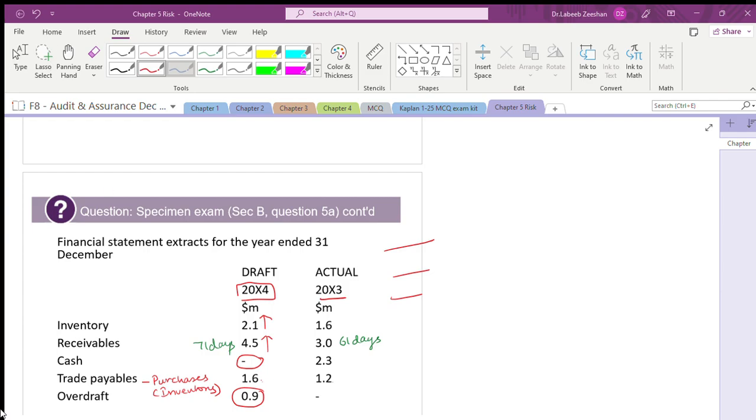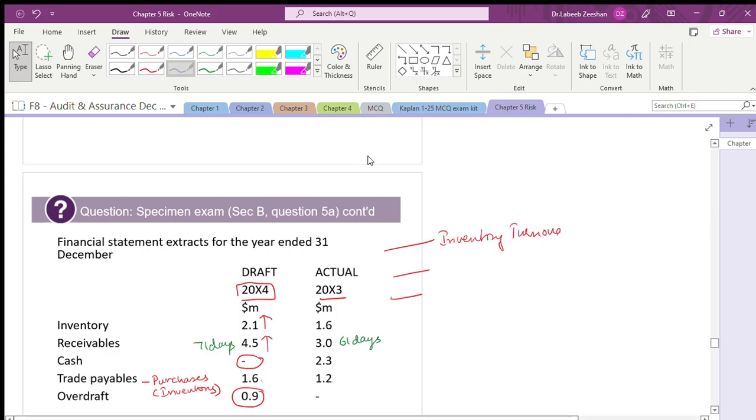Inventory turnover ratio. Next, the receivables ratio. It's up to you. See, with respect to this information, we can calculate the inventory turnover ratio.